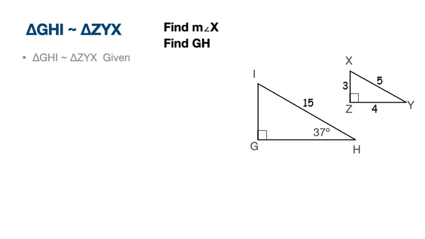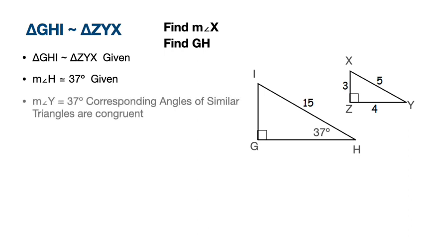So let's start with what is given, that these two triangles are similar. Now the measure of angle H is given as 37 degrees. Therefore, in the other triangle, the measure of angle Y will be 37 degrees because corresponding angles of similar triangles are congruent.